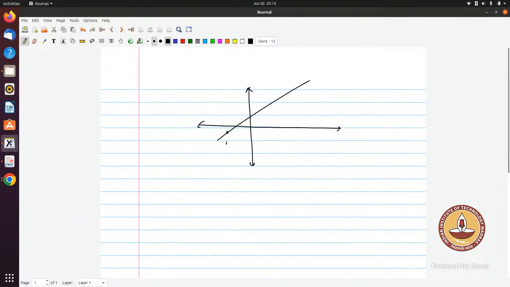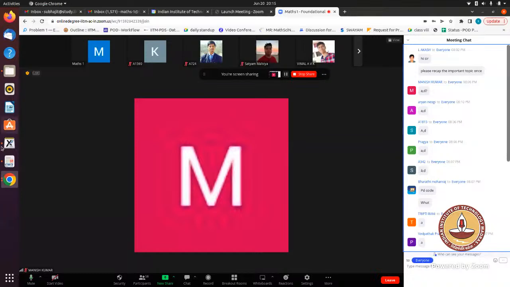Suppose this is P, here somewhere is Q, and here somewhere is R. If they are collinear, then the slope of PQ is the same as the slope of QR because they are part of the same straight line. So if you find the slope of the straight line passing through PQ, that should be the same as the slope of the straight line passing through Q and R. That is what we are going to check here.